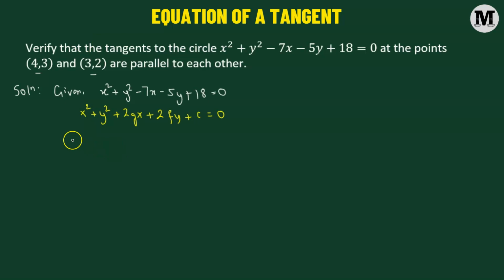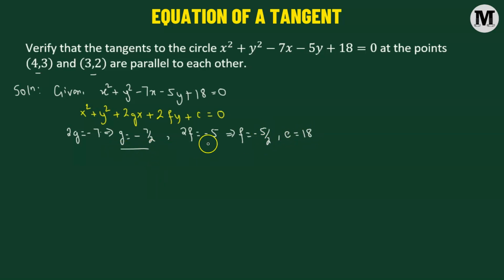That means 2g equals negative 7, so g is negative 7 over 2. Then 2f equals negative 5, so f is negative 5 over 2. And the constant c equals 18.